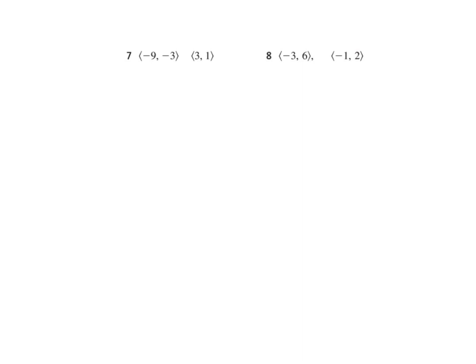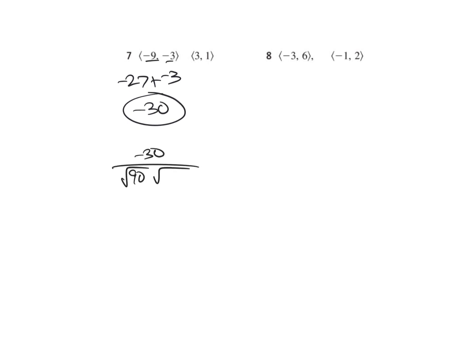All right, dot product: negative 27 plus negative 3 would be negative 30. There's our dot product. So negative 30 divided by the square root of 81 and 9, which is 90, and 9 and 1 is 10. So that's negative 30 over the square root of 900. And we're going to take the arc cosine of that value.